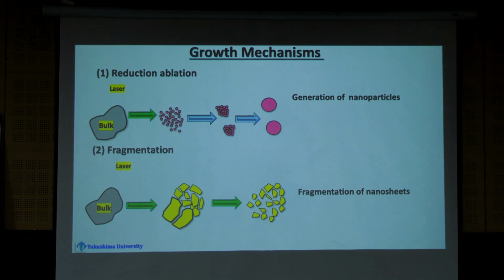Another laser pulse comes, then again this area breaks and it fragments. Like if you have paper, you make it in several pieces. You make it half, then again quarter, and then 8 pieces. So the same thing can happen as the laser irradiates this sheet, and you can get sheet-like structures.